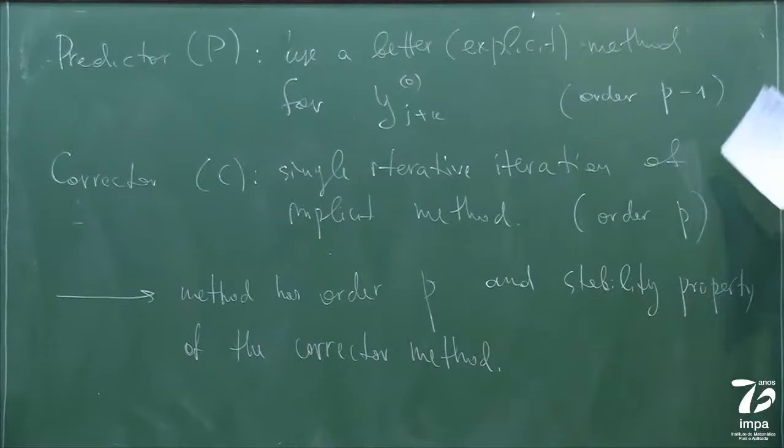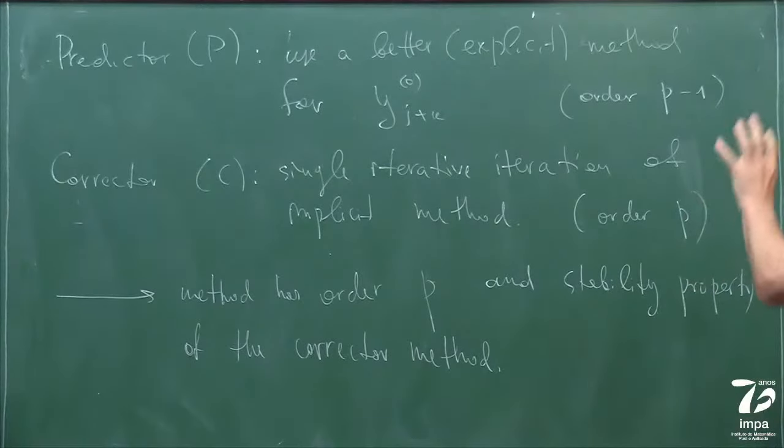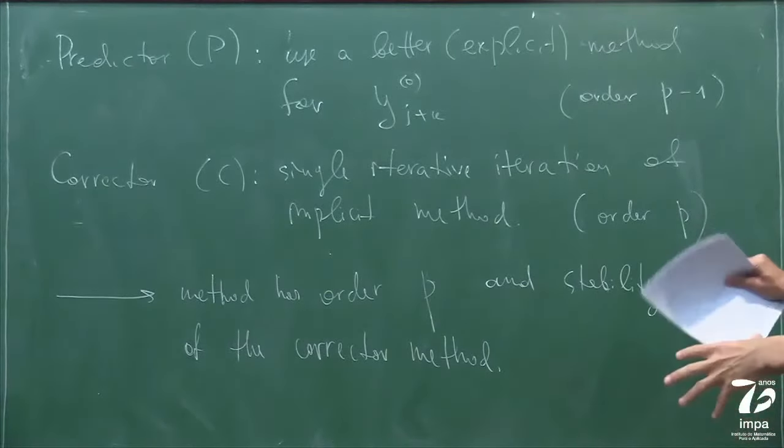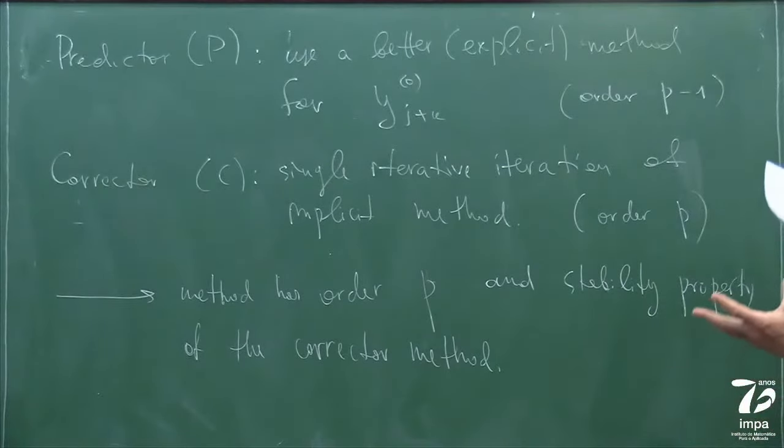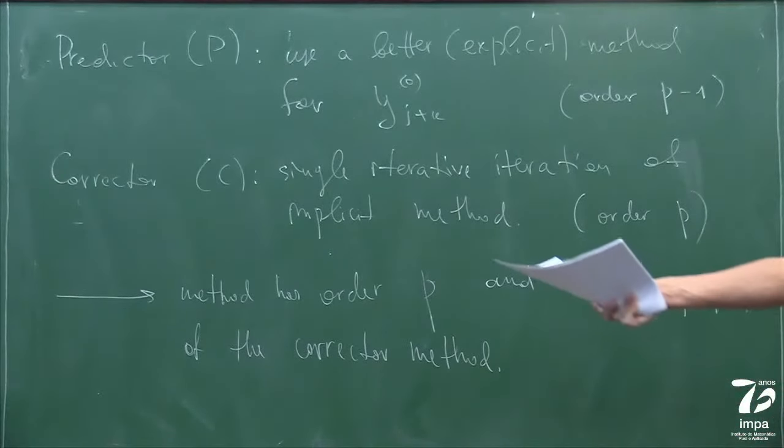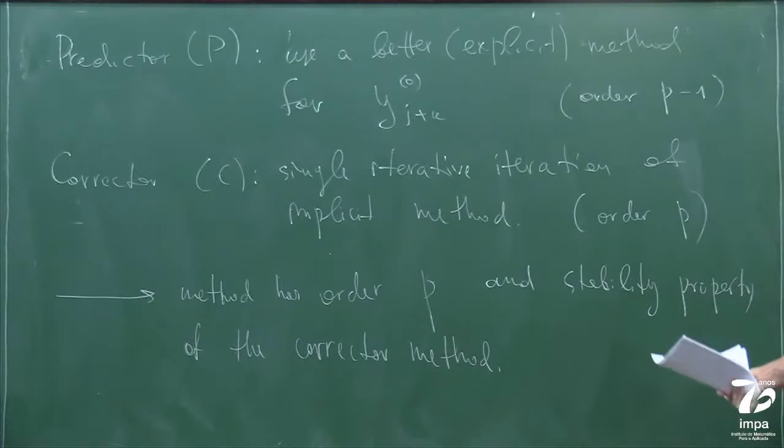So these are the ingredients that you need to put together. By form it's explicit, because the right-hand side is now explicit. You don't need to iterate and converge, but it has the stability properties of the corrector, and order p.